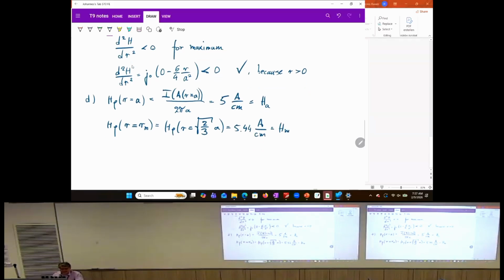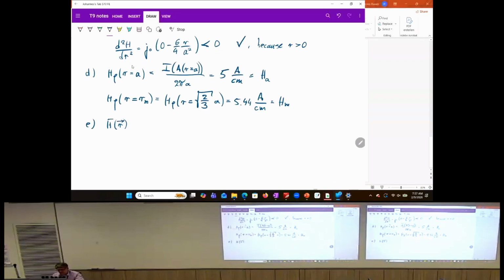And the last question is now: plot the H as a function of r.